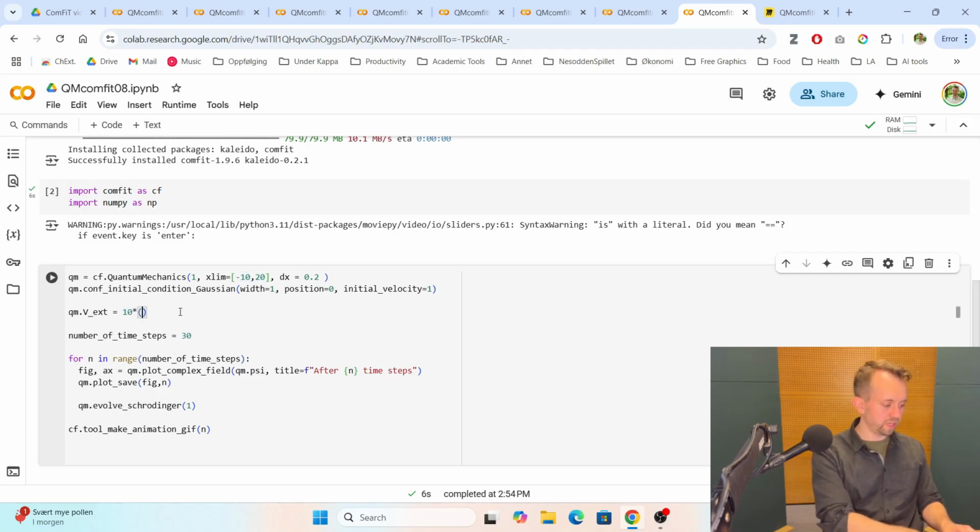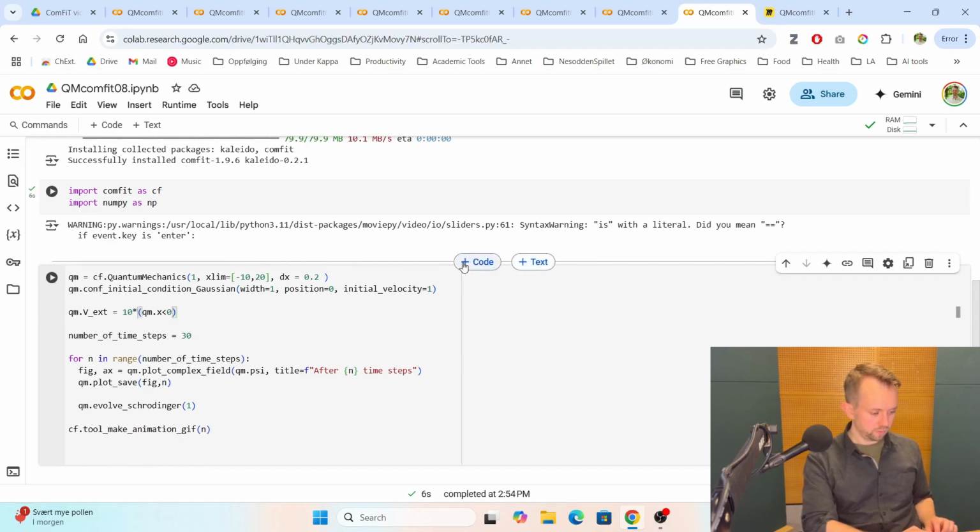We want it to be 10, but we only want it to be 10 outside of the region of x between 0 and 10. So I'm going to multiply with qm.x smaller than 0. How do I do this? I need to figure this out. So let me see.